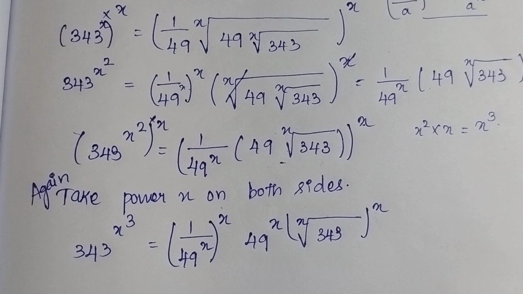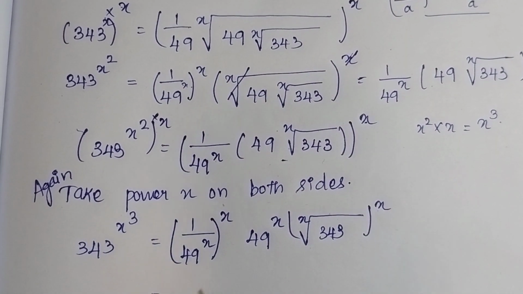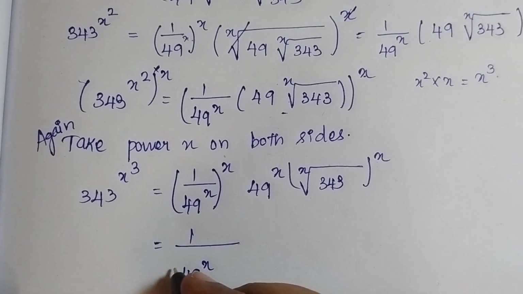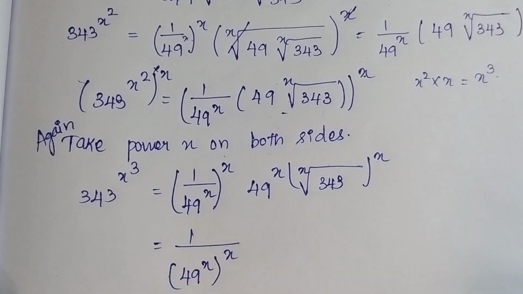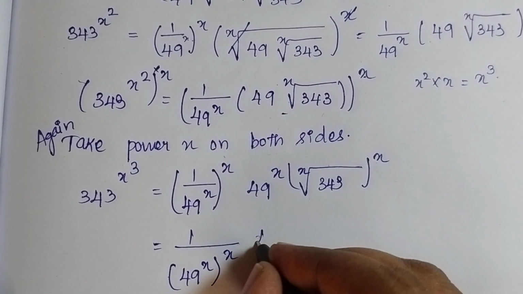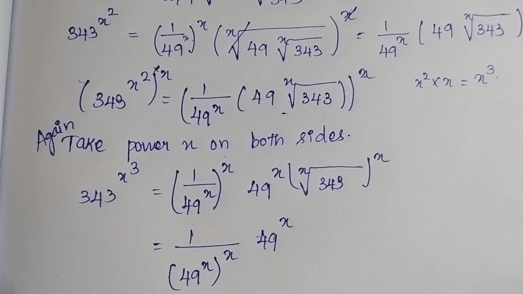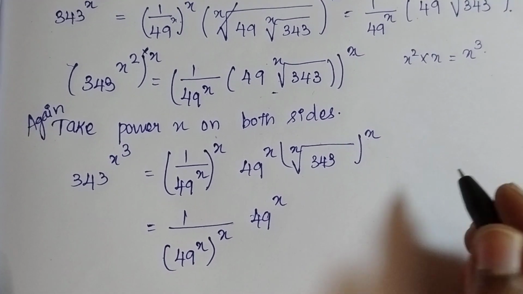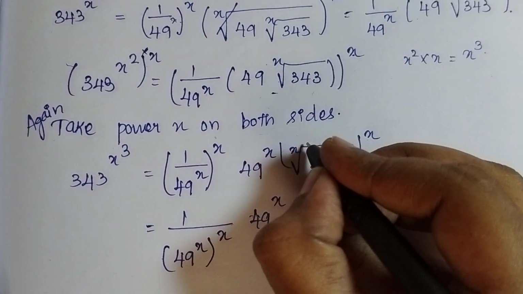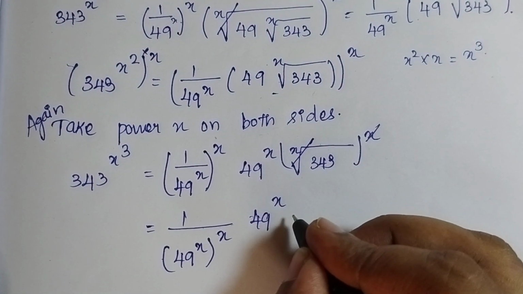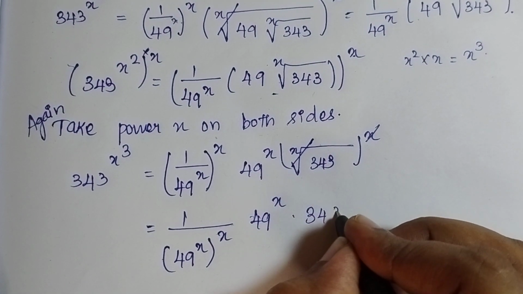So now this is equal to 1 divided by 49 the x power x the whole power x, and this becomes 49x. Okay, and this root x and x get cancelled, so therefore I'll get 343 here.